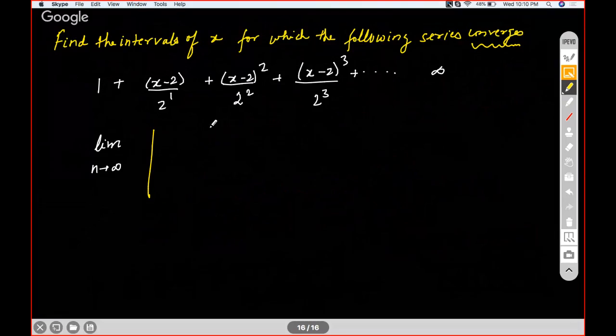Is it less than minus? Okay, not minus. So it's minus 4.